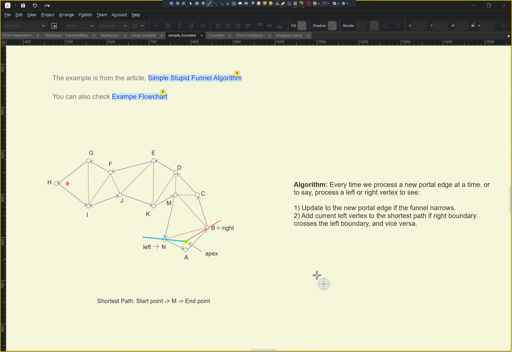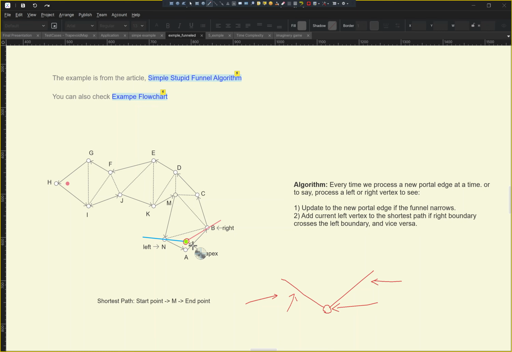The first step is we need to build a funnel. So what is a funnel? A funnel is an apex point with two boundaries: the left boundary and the right boundary. In the first step, we build this funnel with our start point.